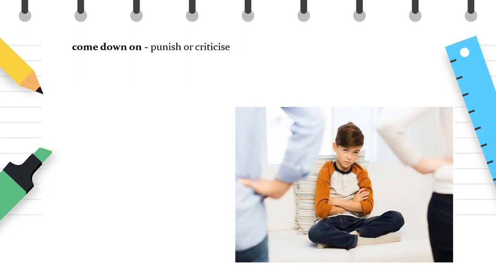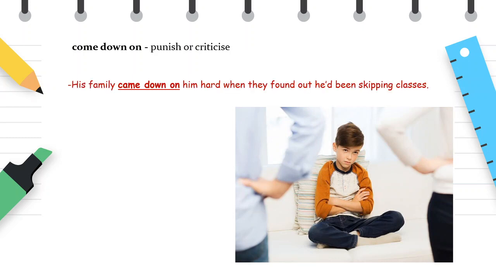Come down on, punish or criticize. His family came down on him hard when they found out he'd been skipping classes. Tell off, reprimand or criticize.